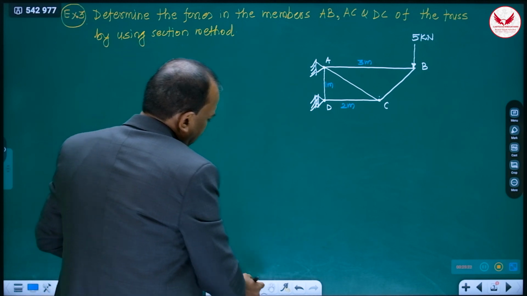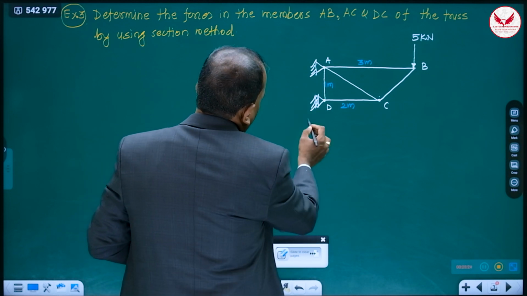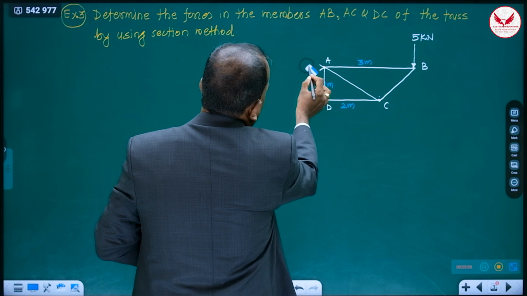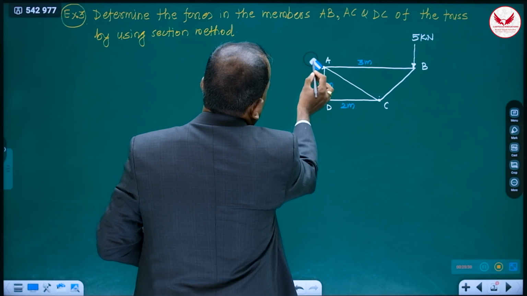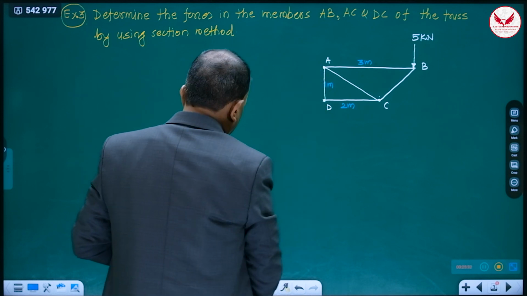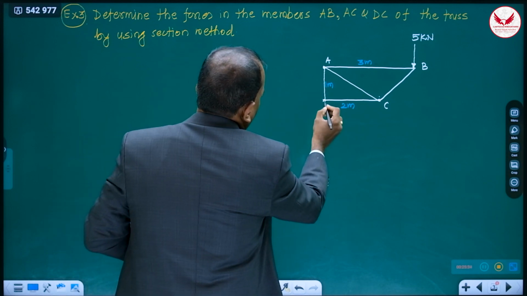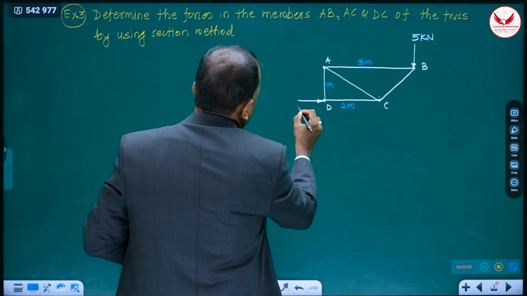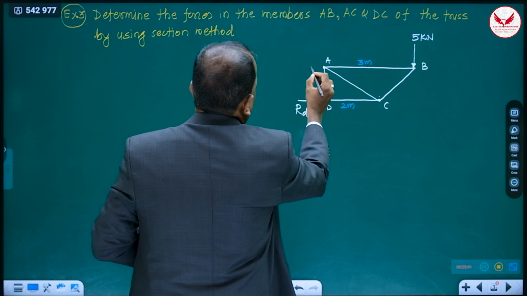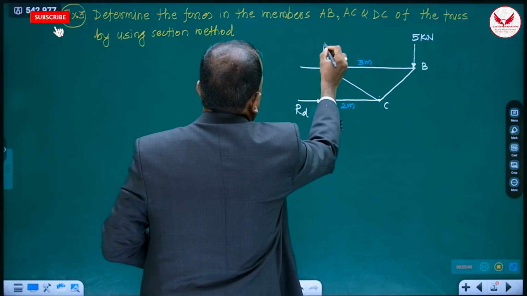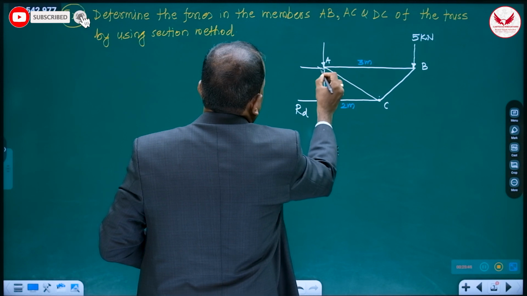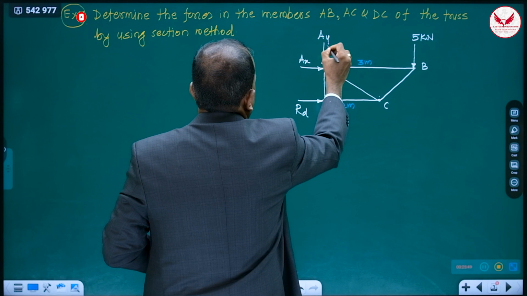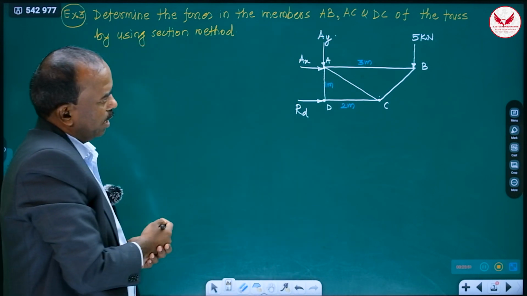So without thinking, a very first step in case of any problem of equilibrium is to draw the free body diagram. At D there was a roller support, only a single reaction, RD, and at A there was hinge support. We'll have to show these 2 reactions, AX, AY. So it is the free body diagram.